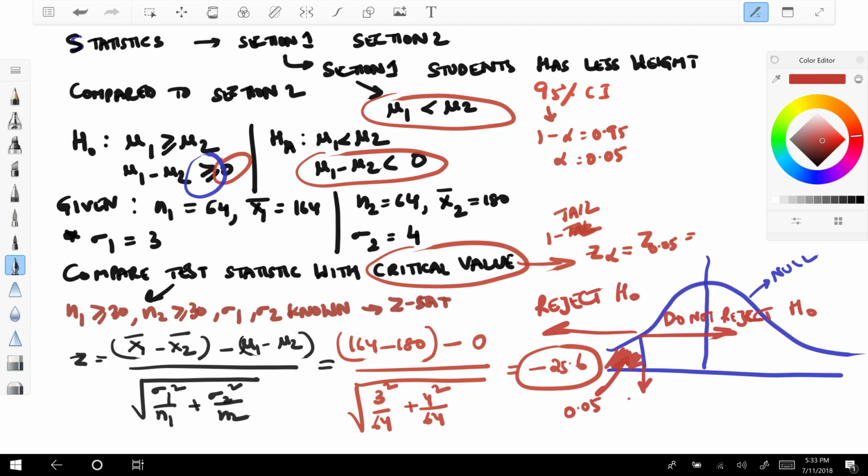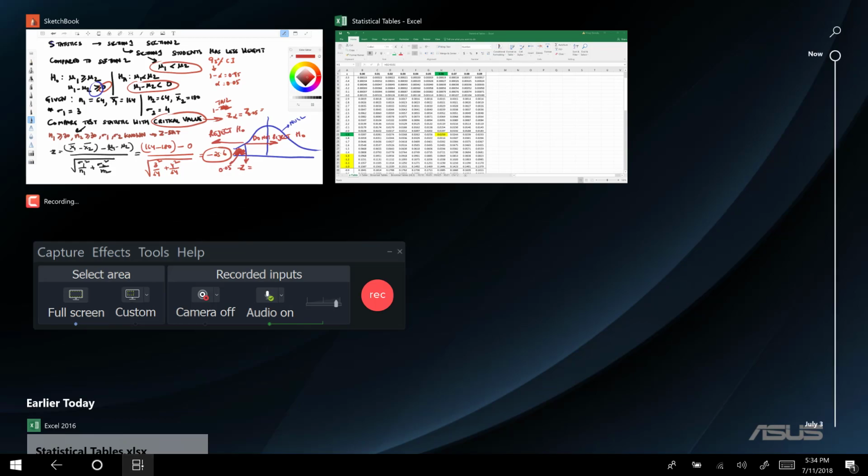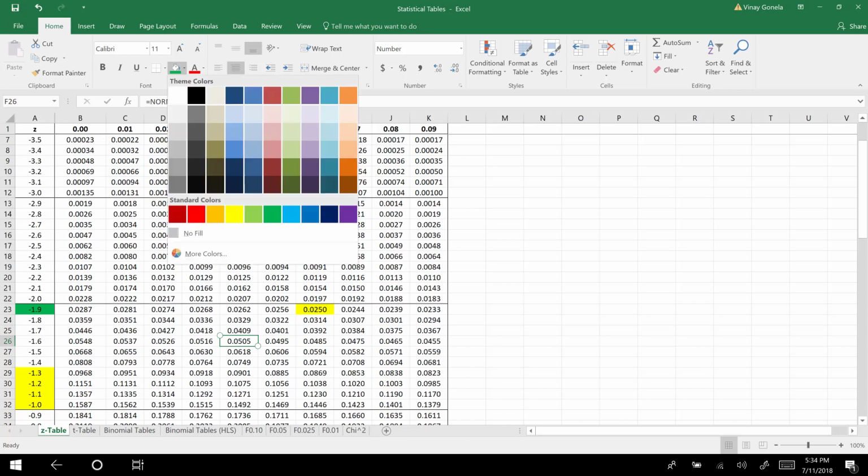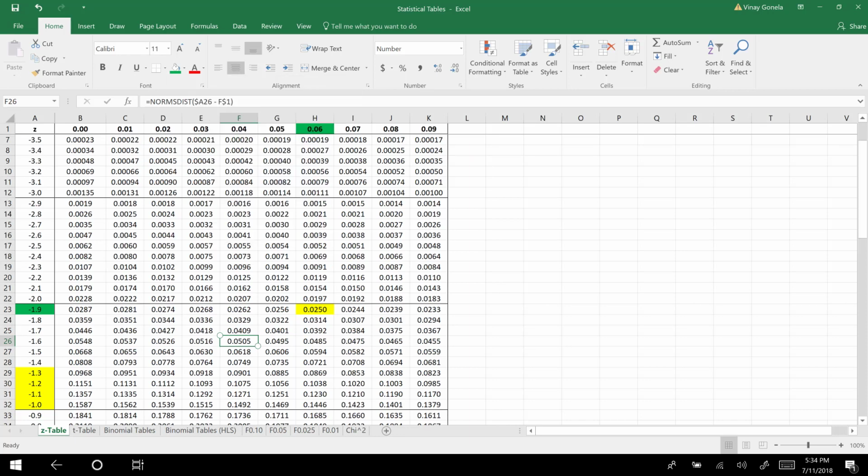So we have to go and look for 0.05 in our z table. So 0.05, if you see, it's somewhere here or here. Maybe I will highlight it with some different color, maybe blue, this and this.